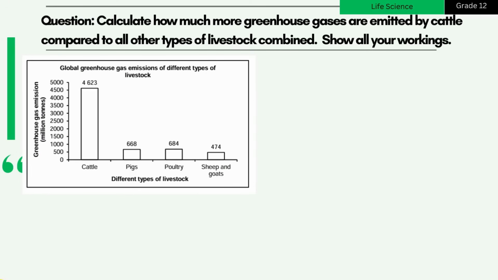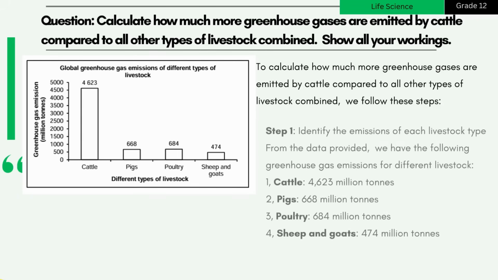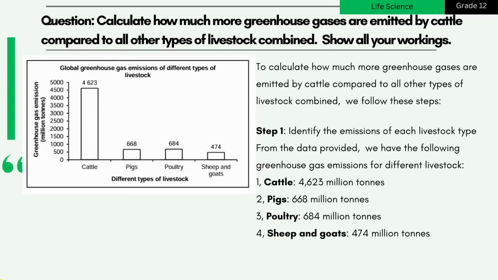Question: calculate how much more greenhouse gases are emitted by cattle compared to all other types of livestock combined. Show all your workings. To calculate how much more greenhouse gases are emitted by cattle compared to all other types of livestock combined, we follow these steps. Step 1. Identify the emissions of each livestock type.